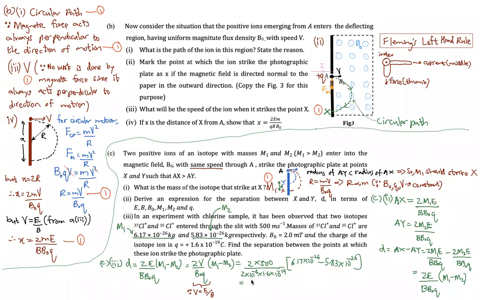I'm getting 500 into 10 to the power 22 over 1.6 into, here 6.17 minus 5.83 is going to be 0.34, into 10 to the power minus 26. Any answers? 1.063 into 10 to the power minus 2. Meters. Is it?